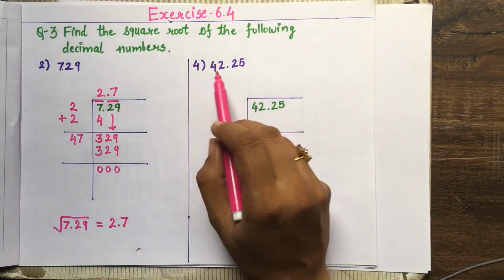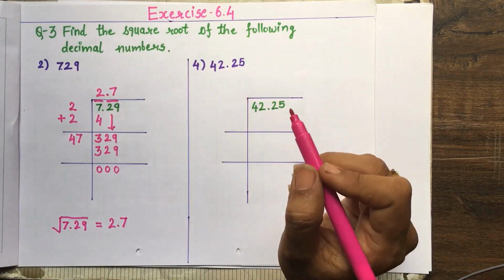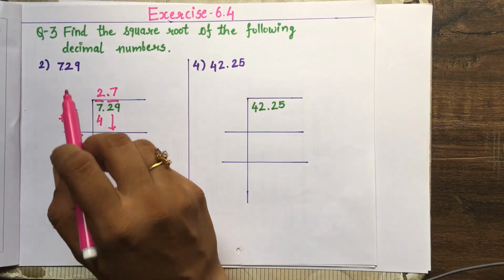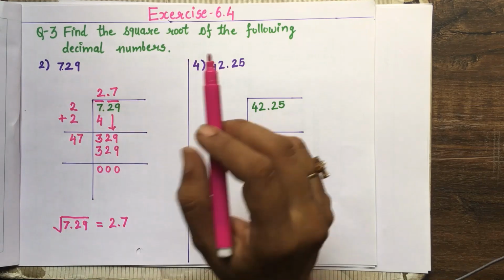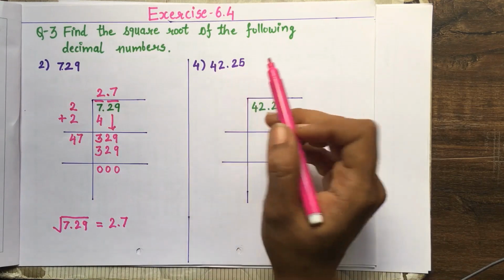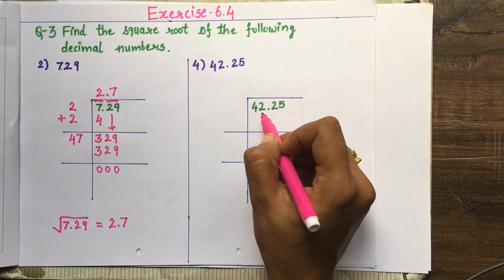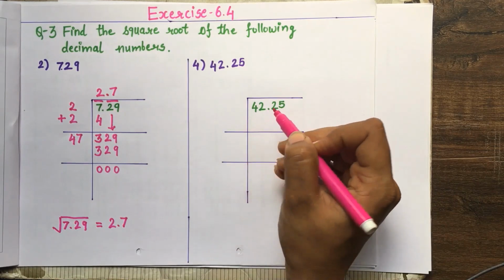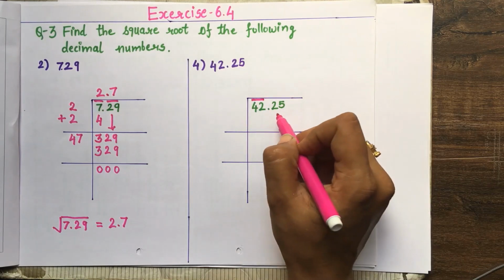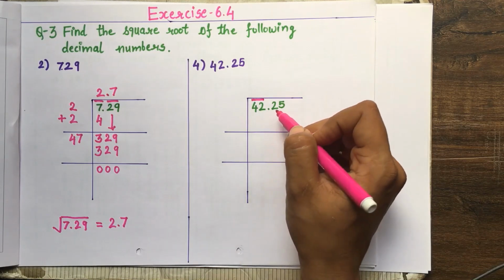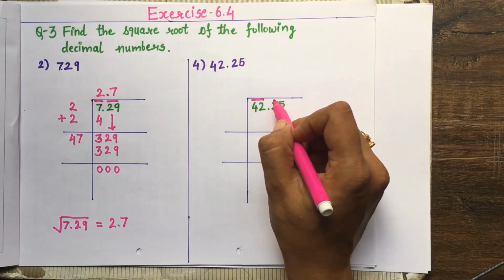Next, number 4, 42.25. In the previous sum, the total number of digits was 3. Here we have a total of 4 digits. As I said, for grouping the whole part, we start from the right-hand side, so it is 42, and for the decimal part we start from the left-hand side.